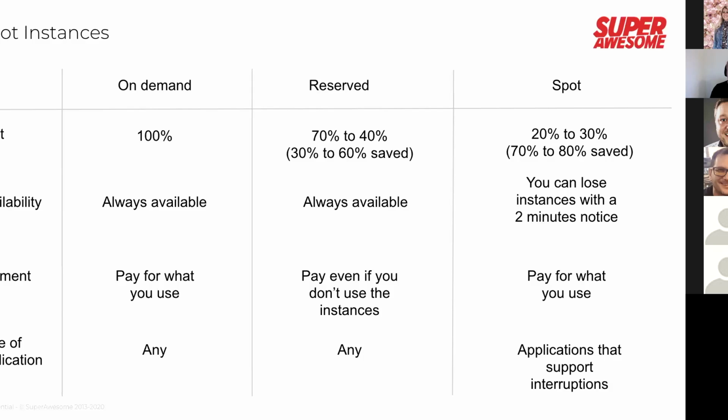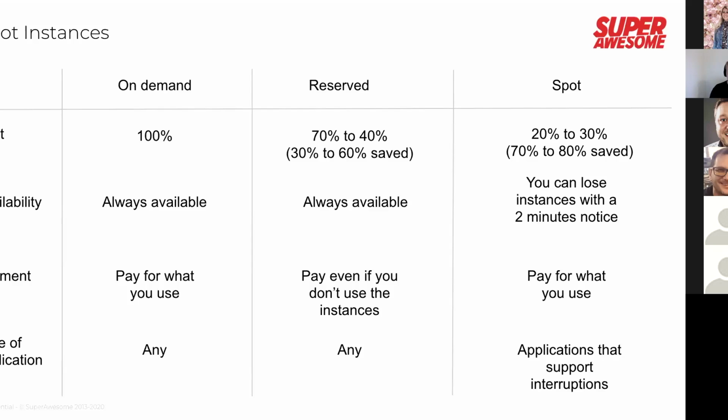When you bid for something, you can get some servers, and the main drawback is that you can lose them at any time with 2 minutes notice. So usually you would run on Spot instances only applications that can support interruptions. But in our case, we decided to run most of our workloads, including Druid, on Spot instances.